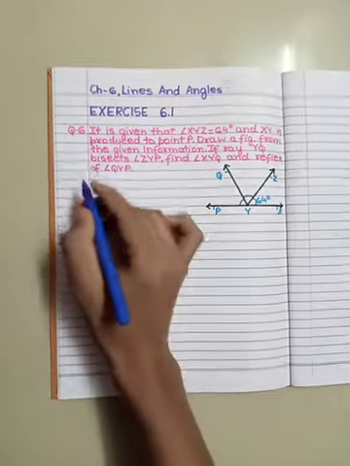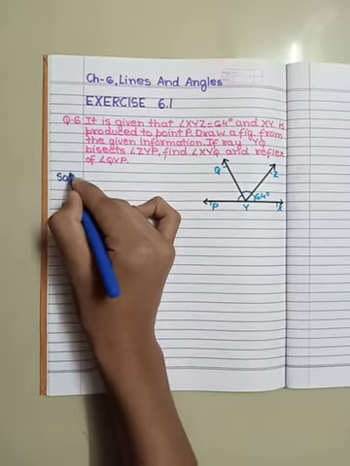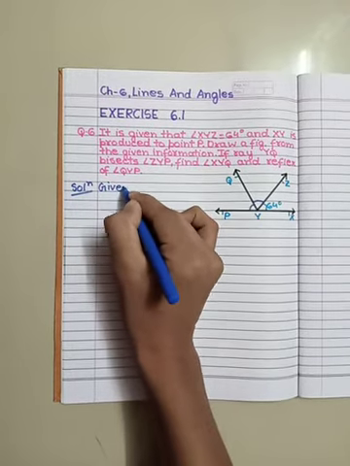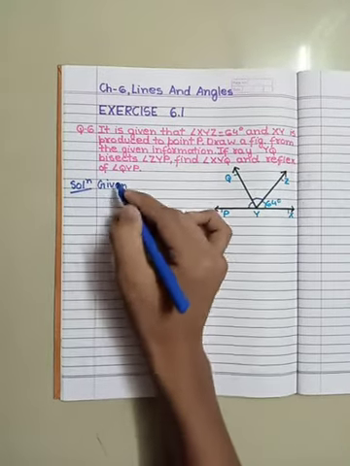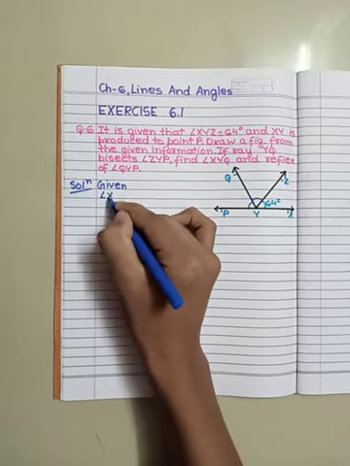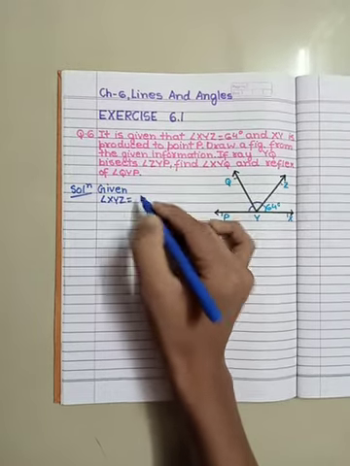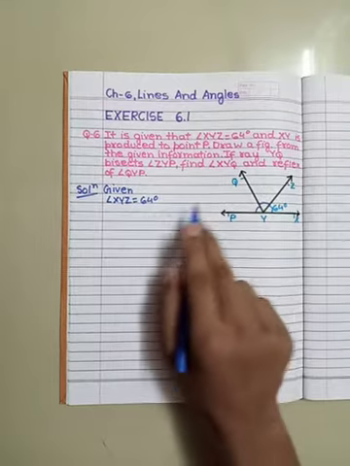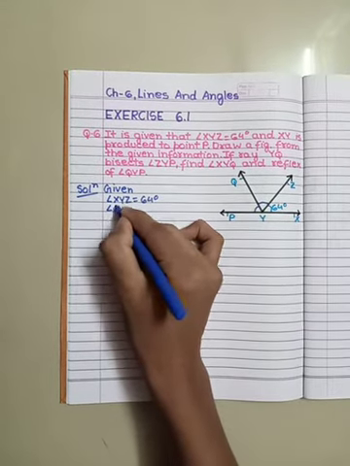So now let's start. Given that angle XYZ is equal to 64 degrees and angle QYP is equal to angle ZYQ.